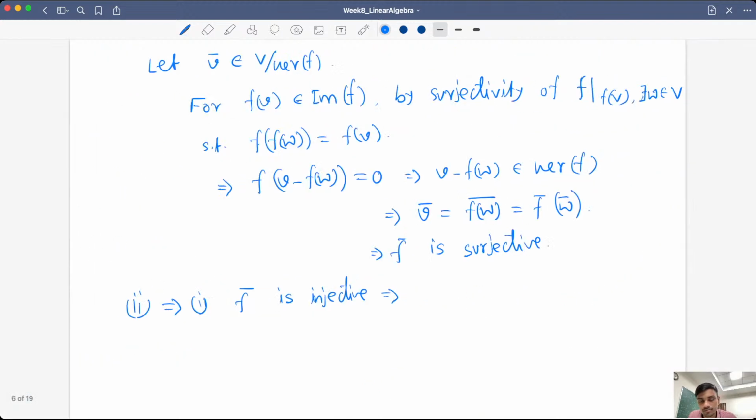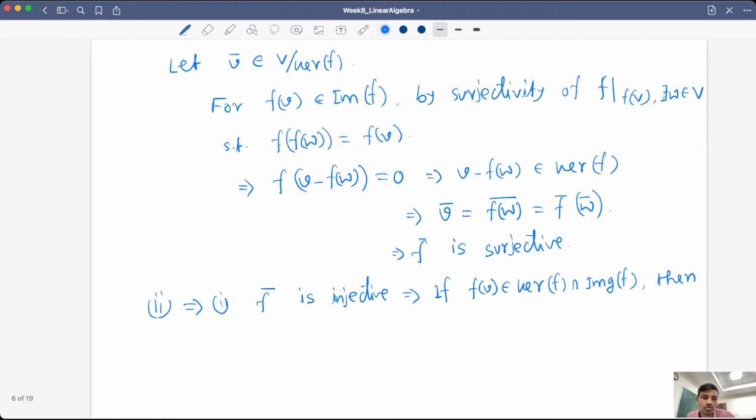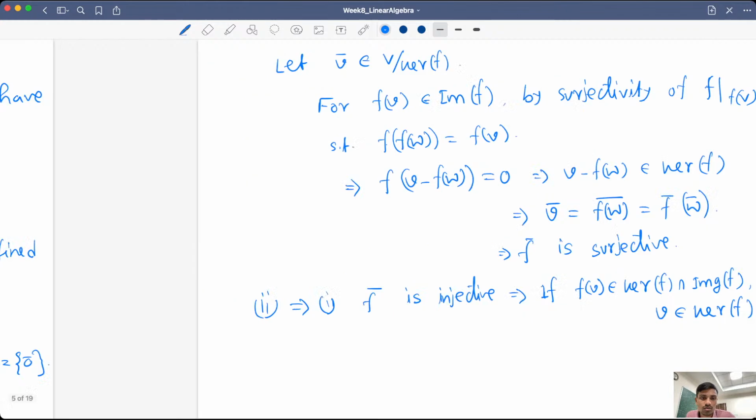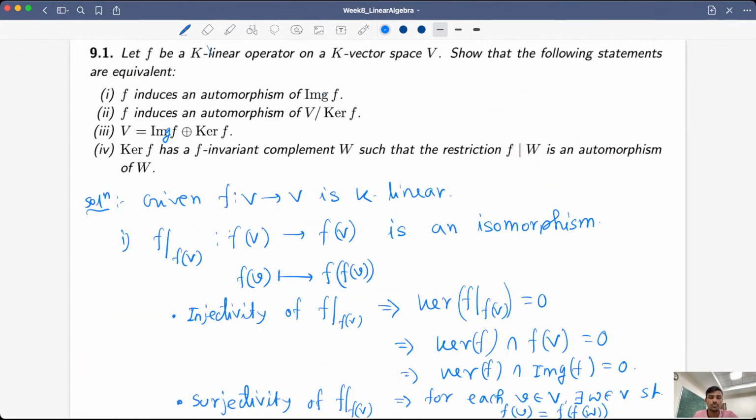That means if f of v belongs to kernel f intersection image f, then I should have v bar is 0, right? Then v bar is 0 means v belongs to kernel f, right? So from here I need to show the injectivity of this one at least.